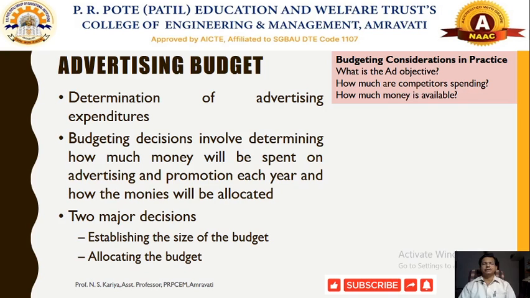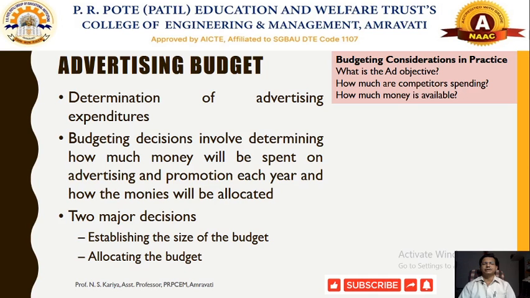Budgeting decisions involve determining how much money will be spent on advertising and promotions each year and how the monies will be allocated. Overall, we need to manage our advertising activity in such a way that we can produce cost-effective advertising and meet the advertising expenses by using some important decision making, and that is called budgeting decisions.